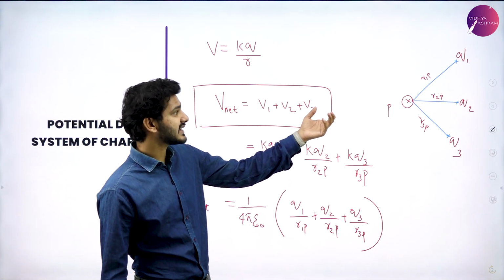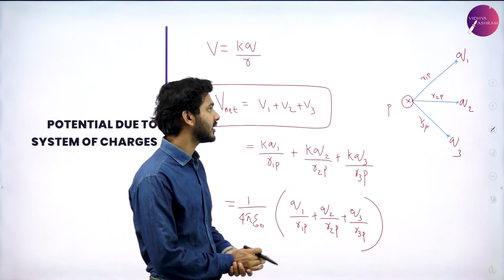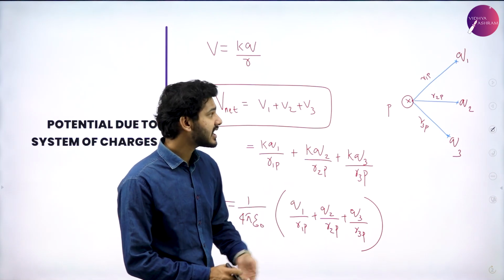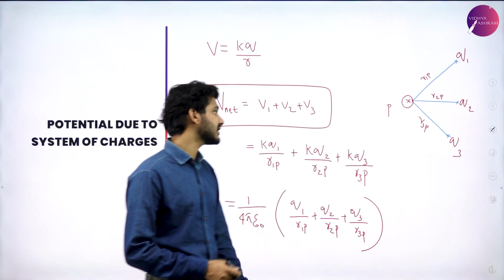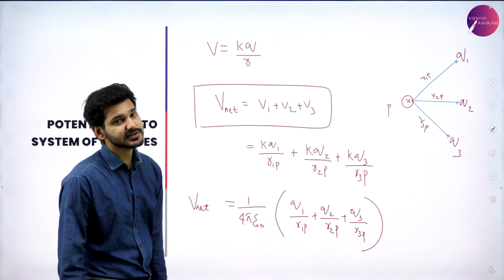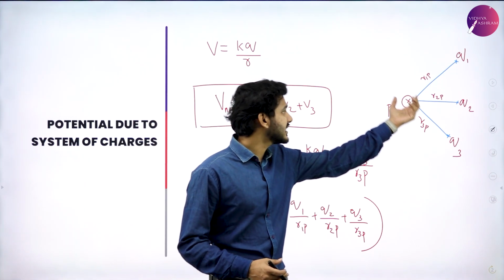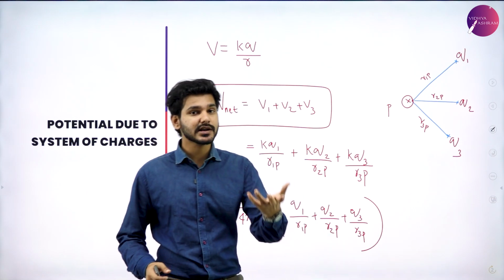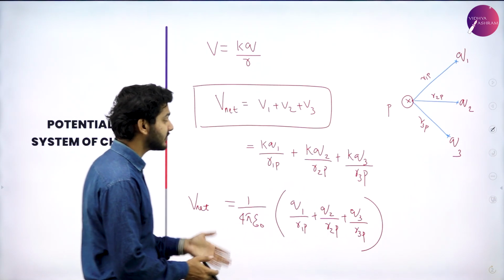For this particular example, we are taking the case of 3 charges, or simply we can say that for a system consisting of 3 charges at point P, the potential will be given by V1 plus V2 plus V3. So the essential point you have to take into your mind is that it is the individual potentials added together to give the potential at point P. So I hope this is clear.